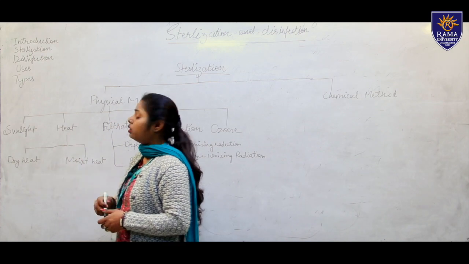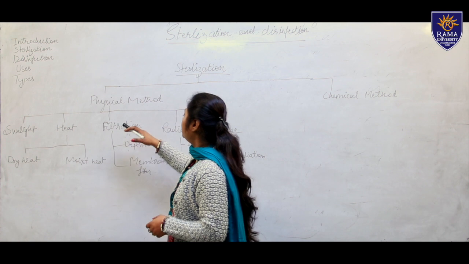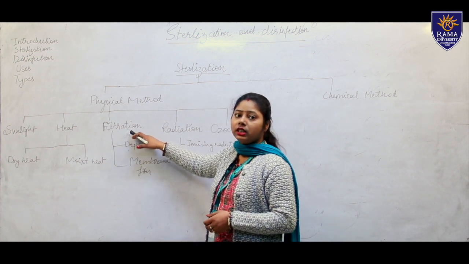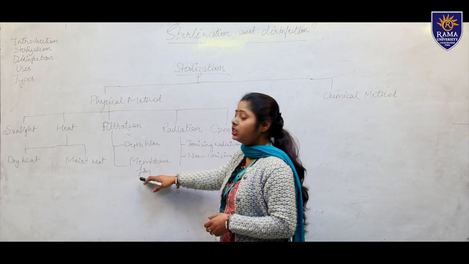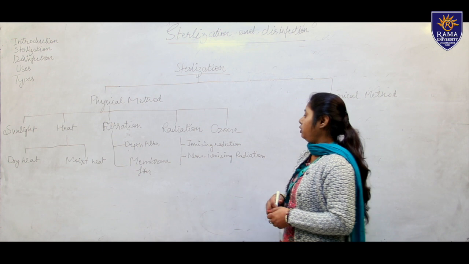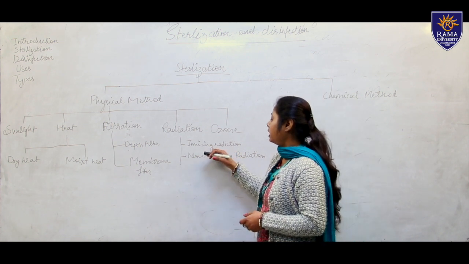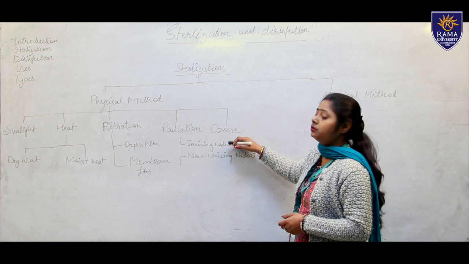Heat is further divided into dry heat and moist heat. Filtration uses two types of filters: depth filter and membrane filter. Radiation includes ionizing radiation, non-ionizing radiation, and ozone.